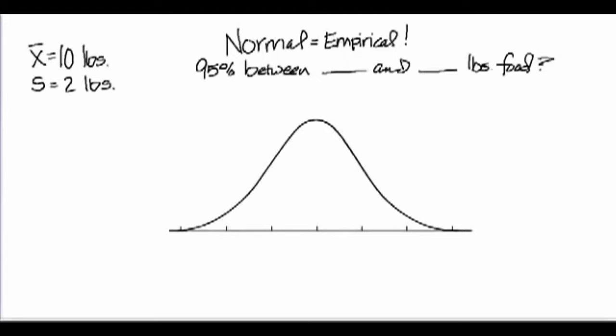So with the normal distribution empirical rule, 95% falls plus 2 standard deviations and minus 2 standard deviations from the mean.